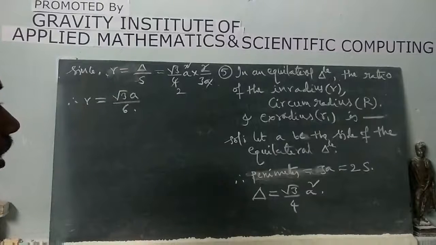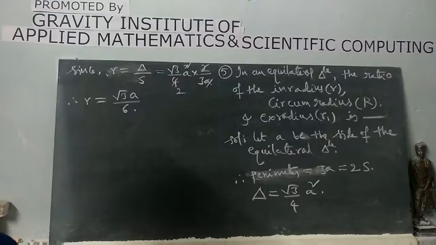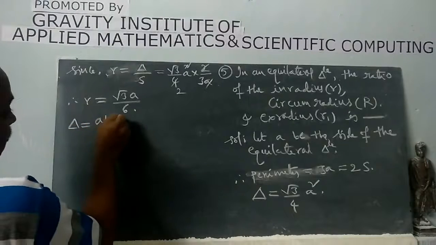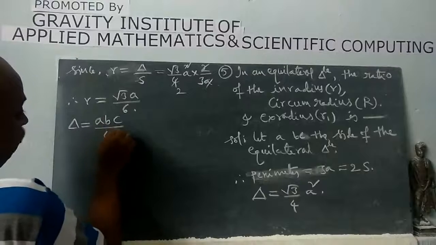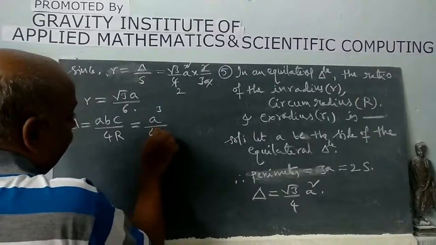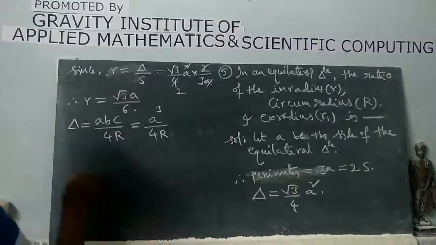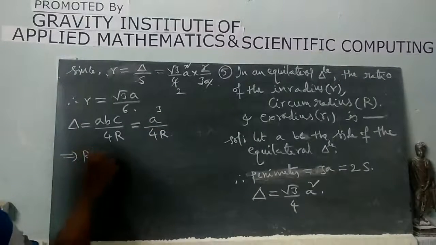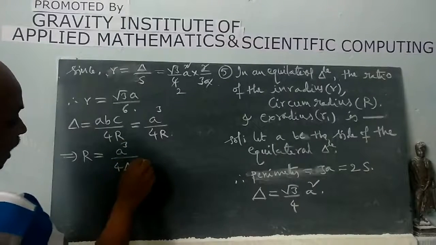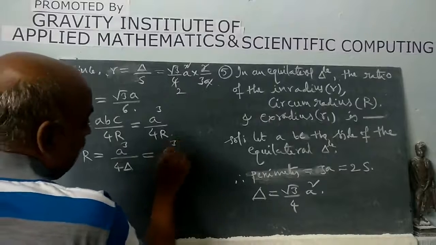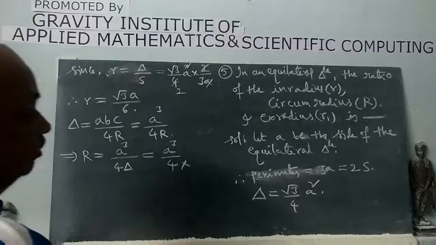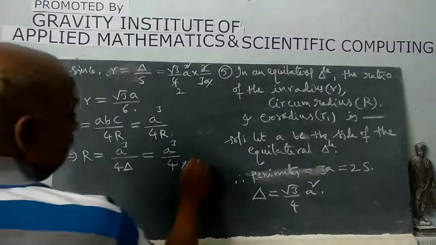Next, circumradius. Here delta is equal to abc by 4R, which is equal to a cube by 4R. This implies R is equal to a cube by 4 delta. This is equal to a cube by 4 into root 3 by 4 a square.